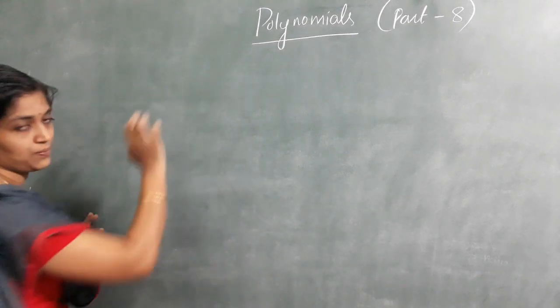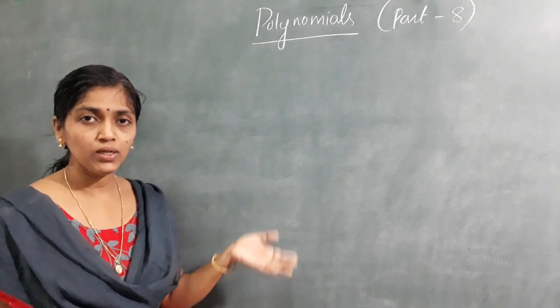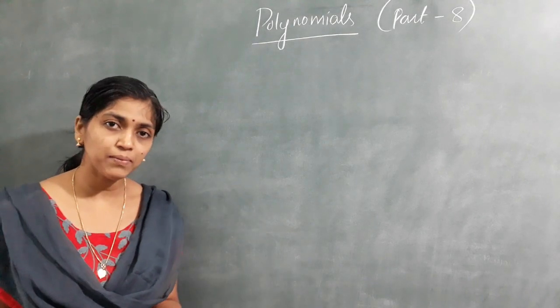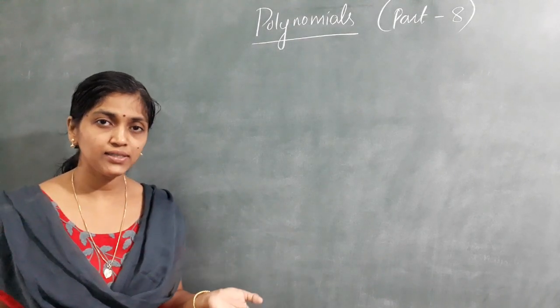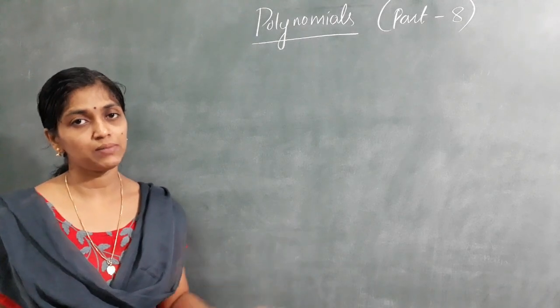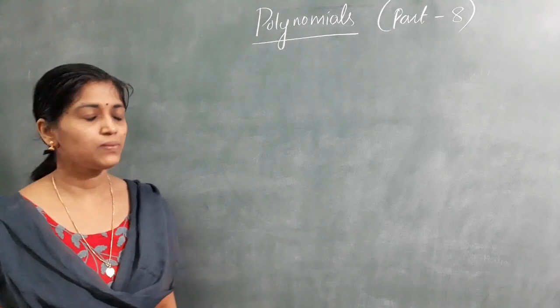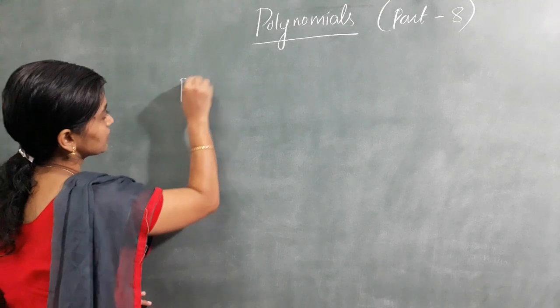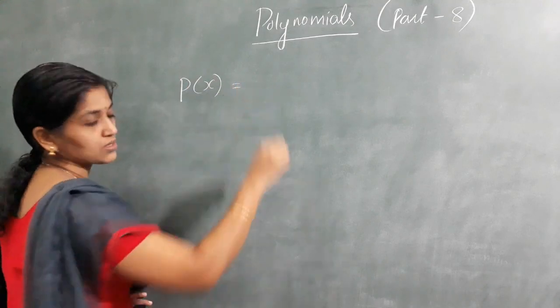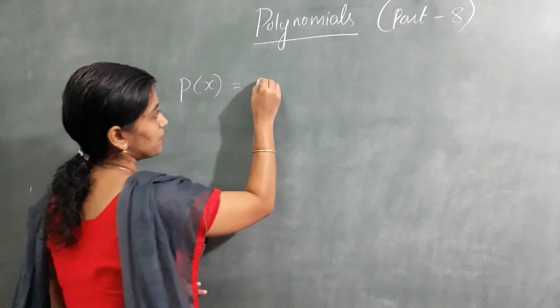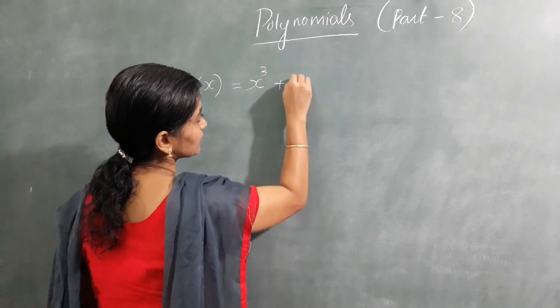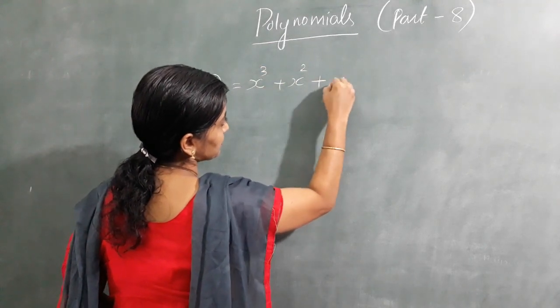So the remainder theorem: we use it to find the remainder when a polynomial is divided by a linear polynomial. So we will take a polynomial P of x equal to x cube plus x square plus x plus 1.